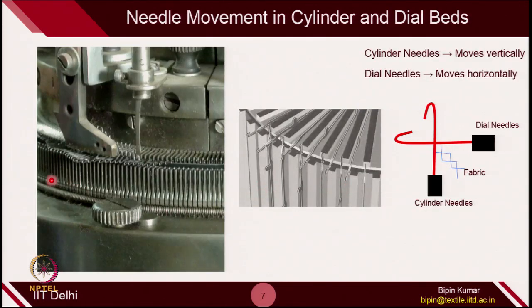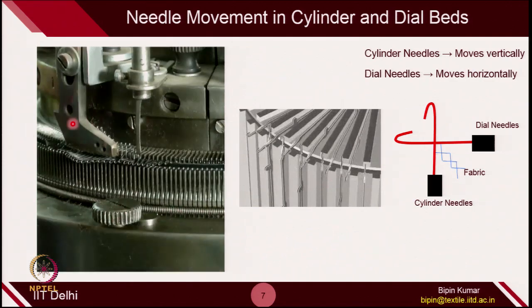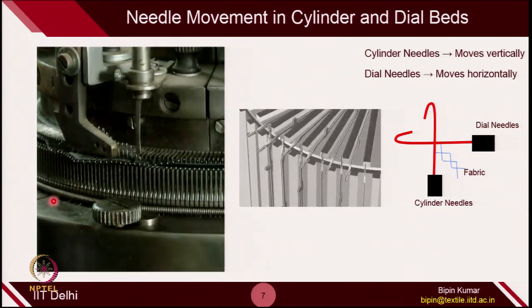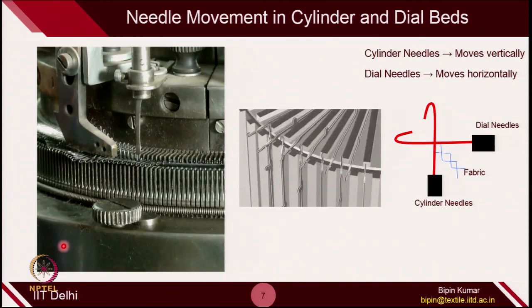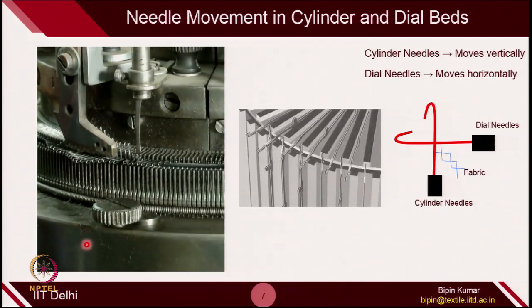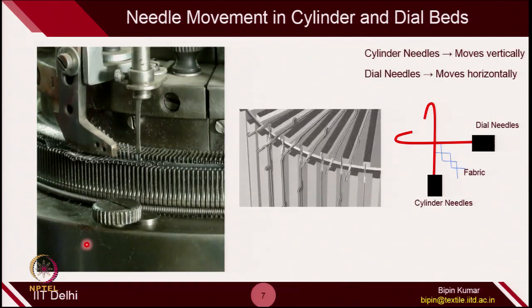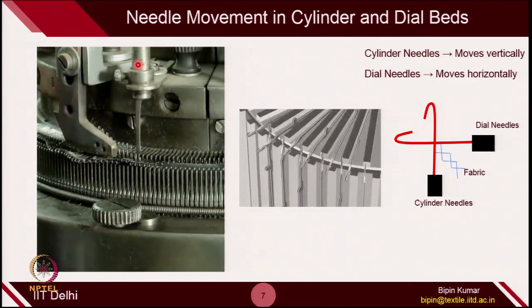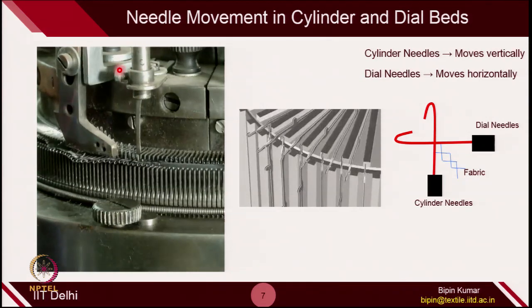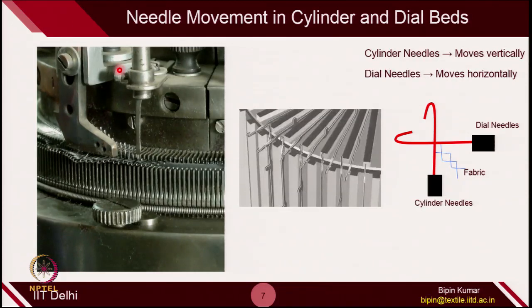Here is the actual running of the machine, and you can see how the running takes place. The cam is somewhere here, forcing the cylinder needles to go up and down, and a separate cam makes the dial needles reciprocate along radial directions.